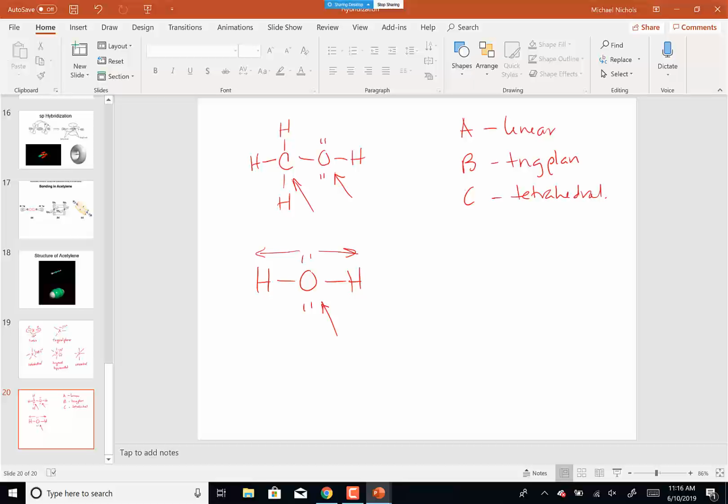So, if oxygen was really linear, if water was really linear, those two dipoles would cancel each other out and water would be nonpolar. But what is water? What kind of bond angle does it have? It's like 109. It's like 105.7, I think.